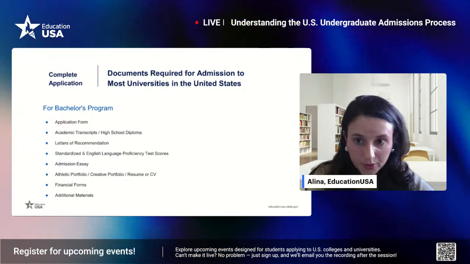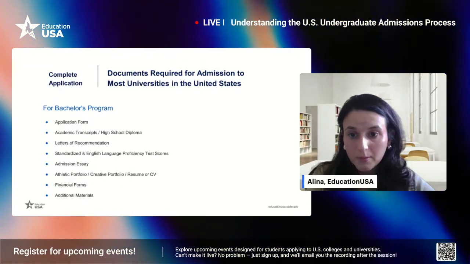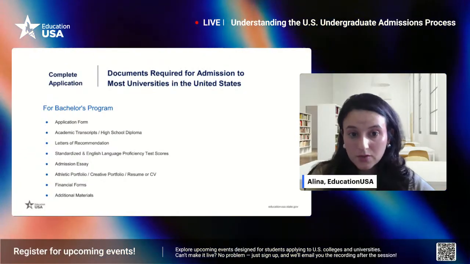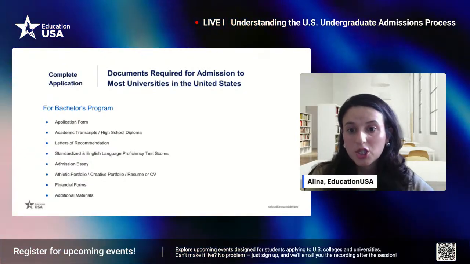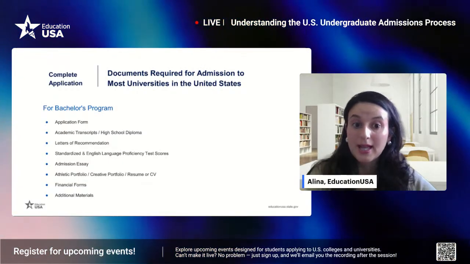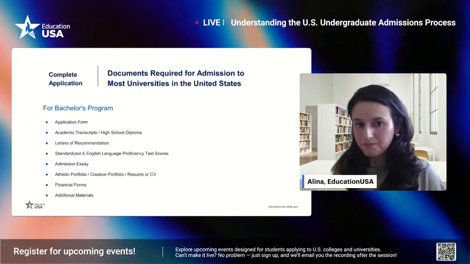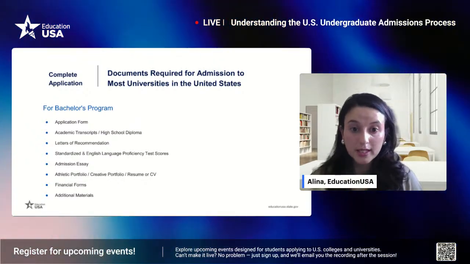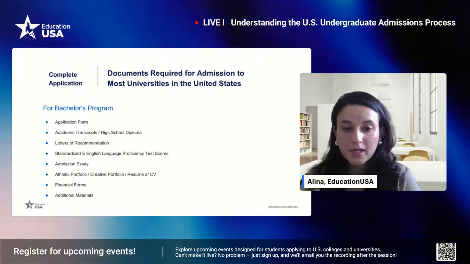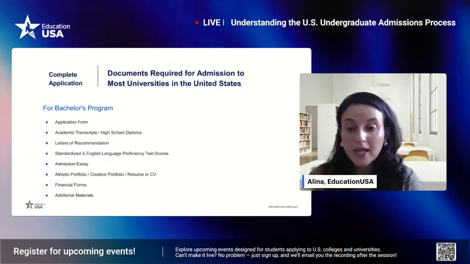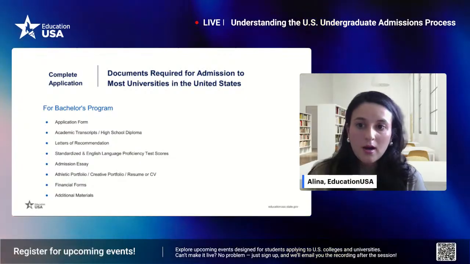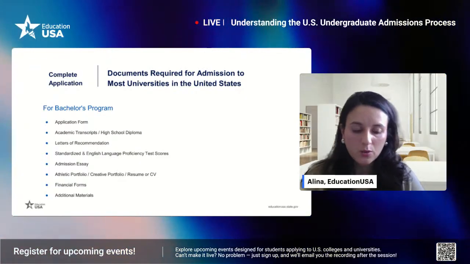For a bachelor program, you need your application form, the academic transcripts, your high school diploma, the letters of recommendation, the standardized and English language proficiency test scores, the admission essay, your athletic portfolio if that's an athletic school that you're applying to, a creative portfolio if that's an art school, a resume or CV if that's needed, financial forms, of course, and additional materials that they might also need from you, depending on the program that you are applying for.